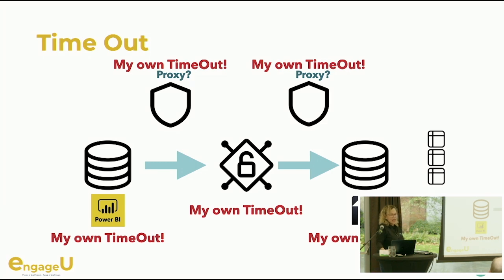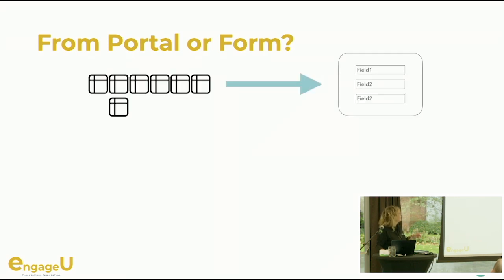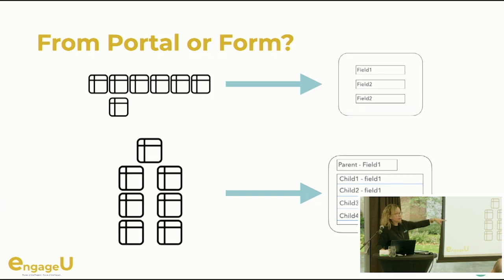And you can save all these troubles with modeling techniques, okay? You can use modeling techniques that can optimize your synchronization and therefore avoid timeouts. The less time you spend, the less probability of getting a timeout you have, okay? So the first and the simplest one is, should I retrieve my data from a form or from a portal?